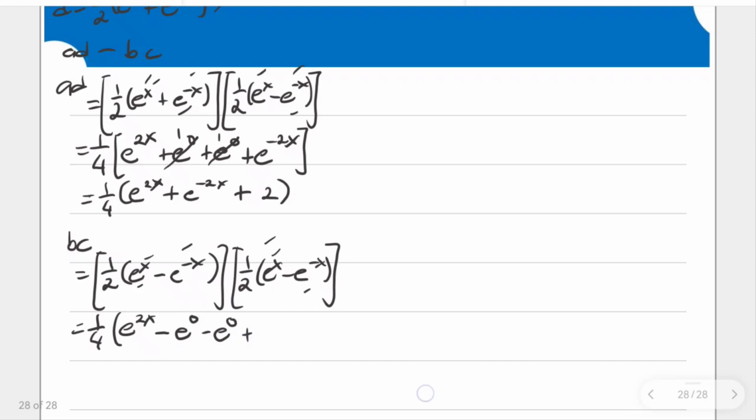And then plus, because it's negative times negative, e to the negative 2x, negative x plus negative x. So generally, it's 1/4 of e to the 2x plus e to the negative 2x minus 2. This is 1, that's 1 as well.